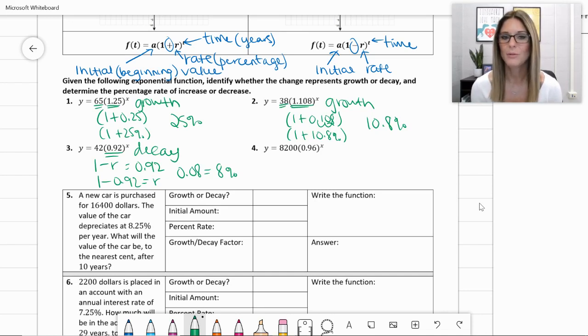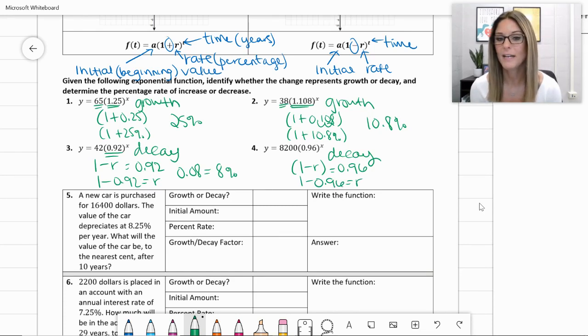Number 4, y equals 8,200 times 0.96 raised to the x. This is another decay. I know because in my parentheses, 1 minus my rate has given me 0.96. So let's take 1 and subtract 0.96 to determine that rate. 1 minus 0.96 will give us 0.04, or changing that to a percent, 4%.